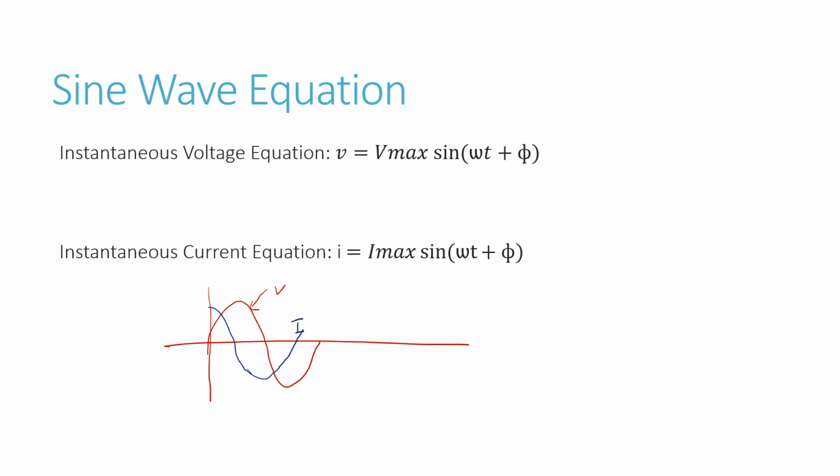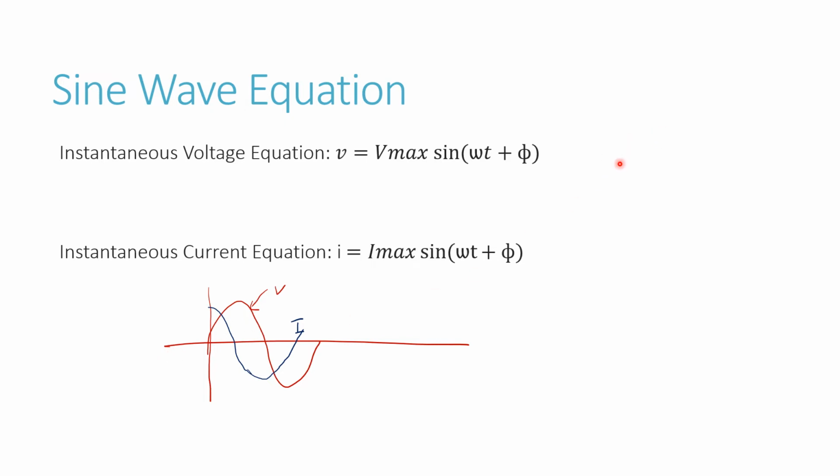You can see that at the starting point, this waveform is already at its peak, whereas this waveform, the one in red, is just starting out. So we actually say that the current waveform I is leading this voltage waveform by a certain amount.